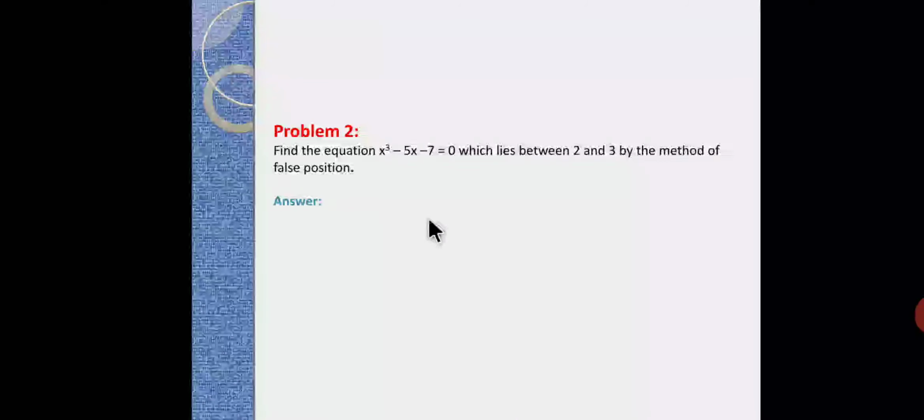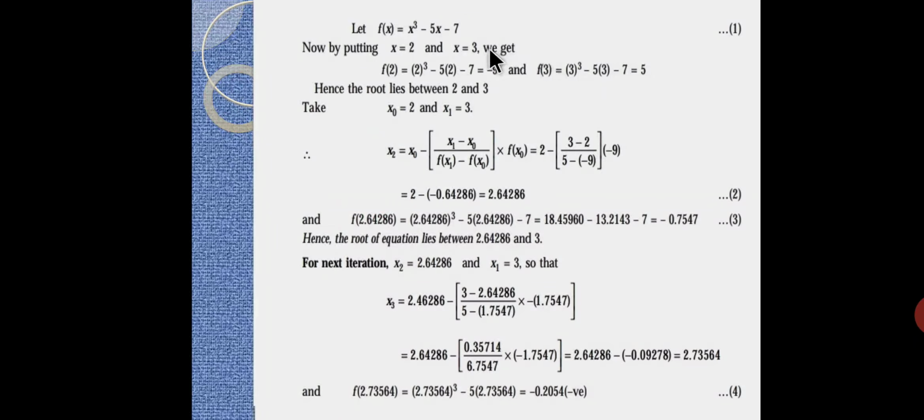So f of x is equal to x cube minus 5x minus 7 is equal to 0. By putting x is equal to 2 in the given equation, we get the value f of 2 is equal to minus 9, and by putting x is equal to 3 in the given function, we get the value 5. So here 2 is the negative root and 3 be the positive root. Hence the root lies between 2 and 3.